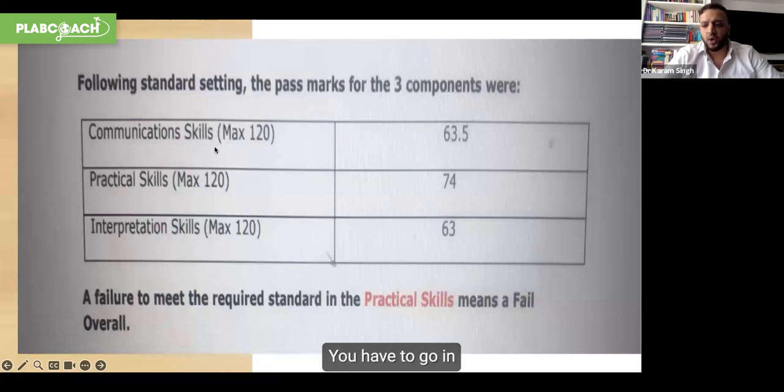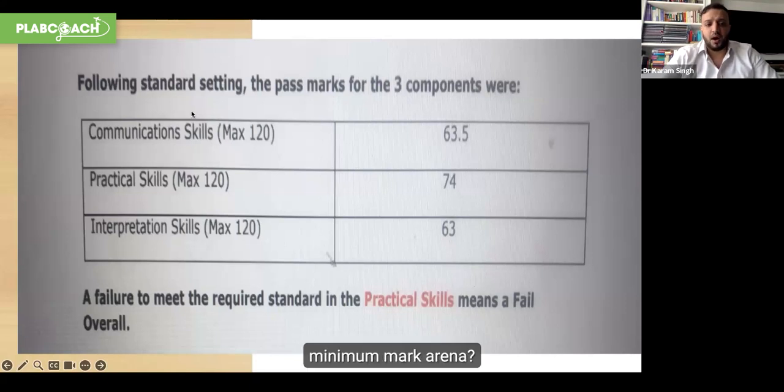You have to go in with a high degree of confidence in this exam. Even if you don't feel confident, you've paid an extremely large amount of money, not only for the exam, the course, the time, the effort. You've invested a lot in yourself, so you have to approach it with a degree of confidence.